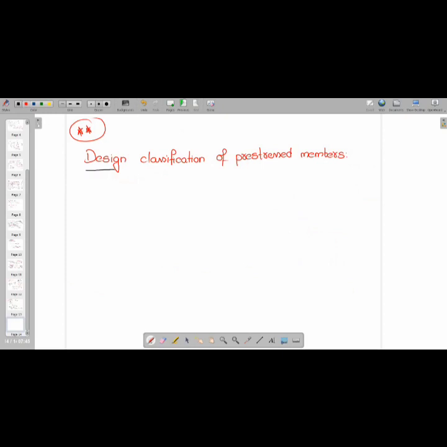What is the design classification of pre-stressed members?